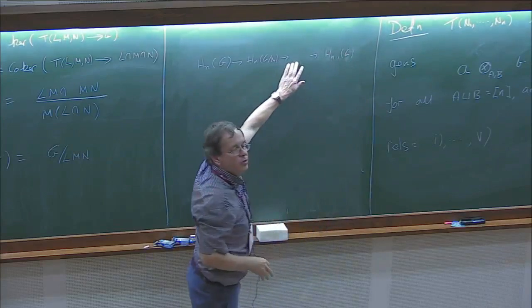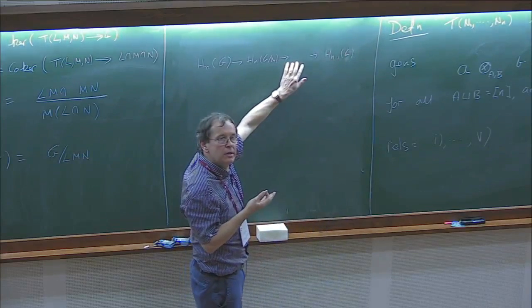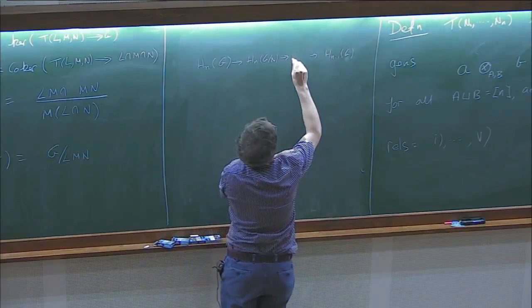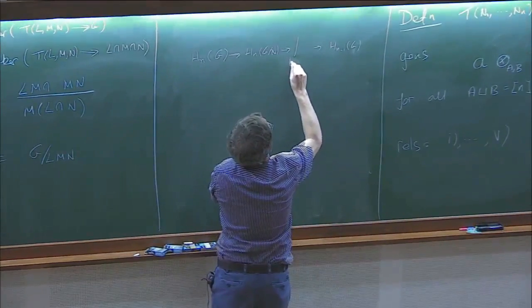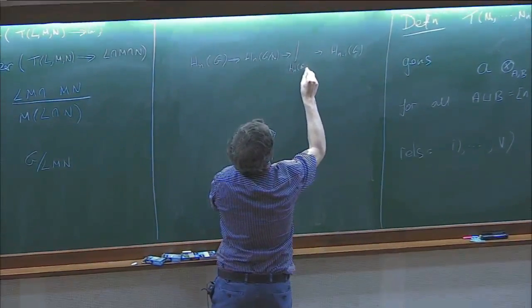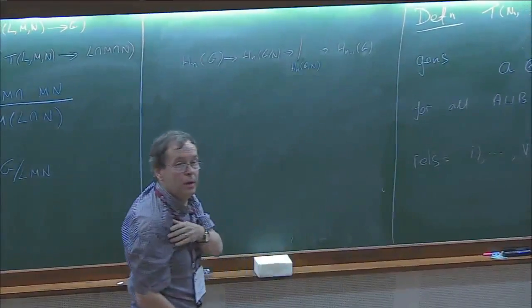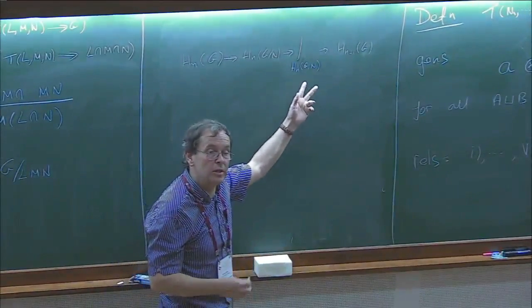So what I put here was something involving the exterior product, but I think really you should call this Hn of G relative to N. Okay? And that's using the tensor T2.